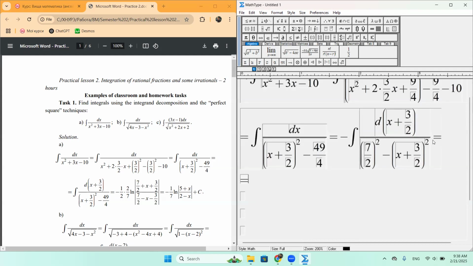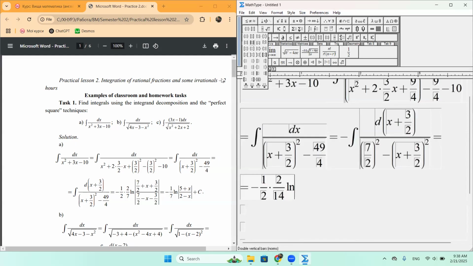So now we can integrate this fraction. So minus 1 divided by 2a, multiplied by 2 over 14. And so the logarithm, the following. I guess that here is a mistake. Oh, no, everything is okay.